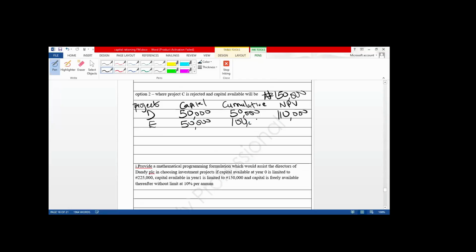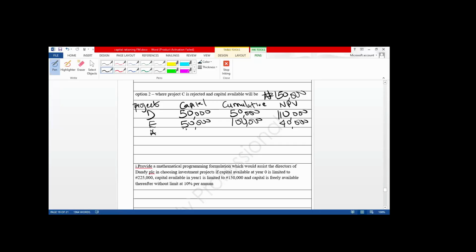Cumulative 100. NPV of project E 40. Remember, you only have 150. You now go to project A. Based on your ranking, project A is for 100,000. Out of 150, you have spent 100.